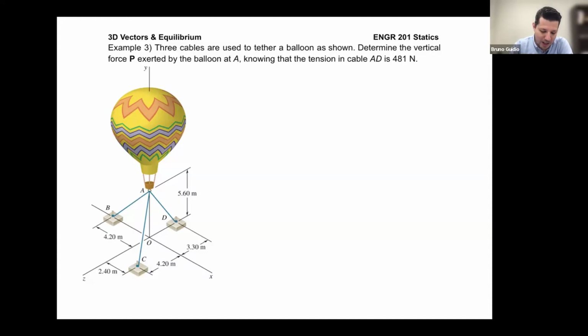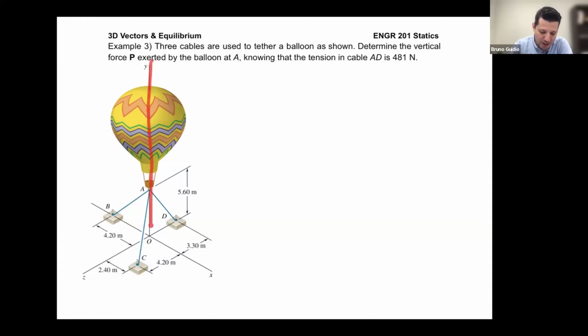As you can see, in this particular problem, the origin is not starting from point A. It's starting right there where we have all of those bolts, in the same plane, meaning that this Y for B, C, and D are going to be 0, okay?